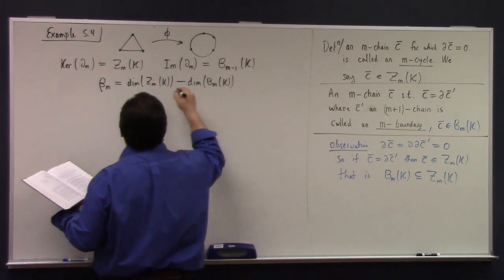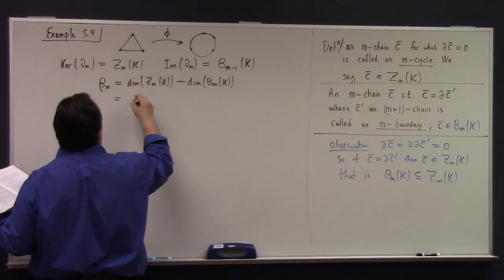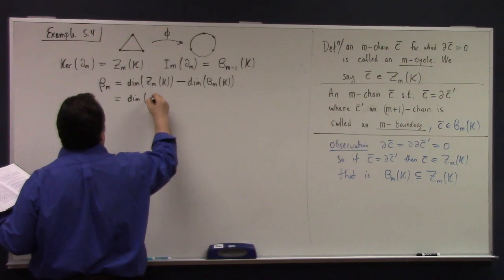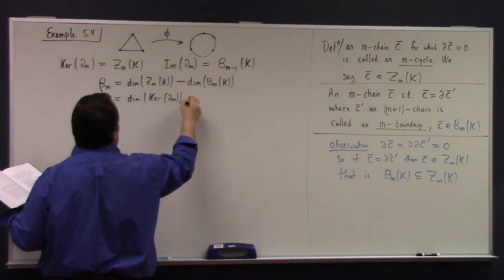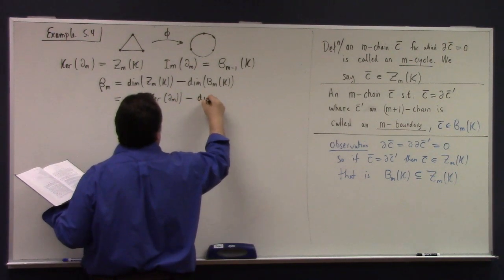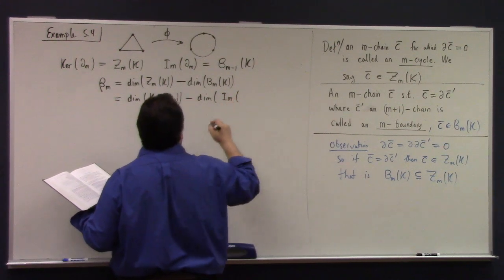But what is that in terms of the mapping here? It's the dimension of the kernel of the nth boundary map, right? Minus the dimension of the image of what?